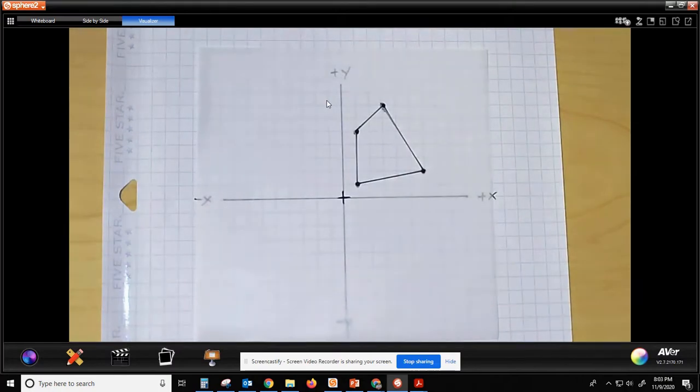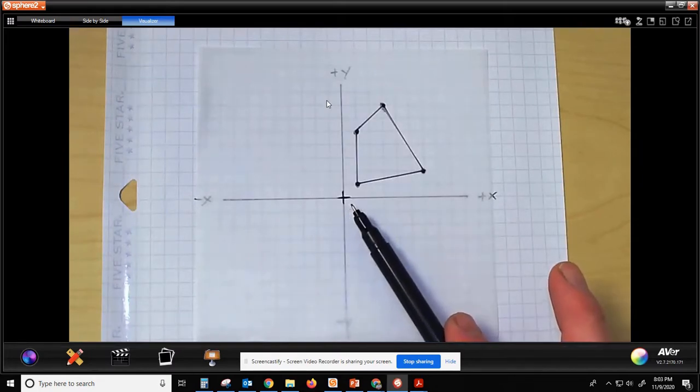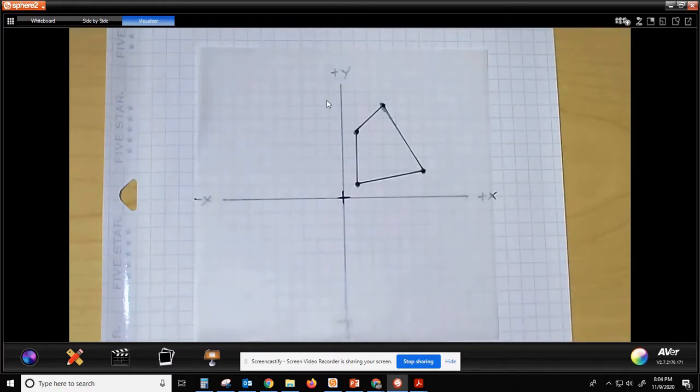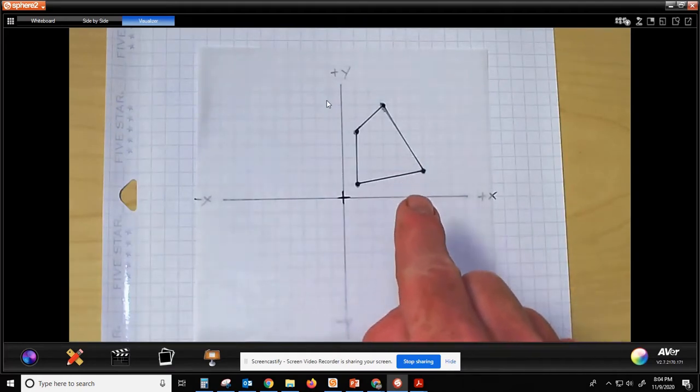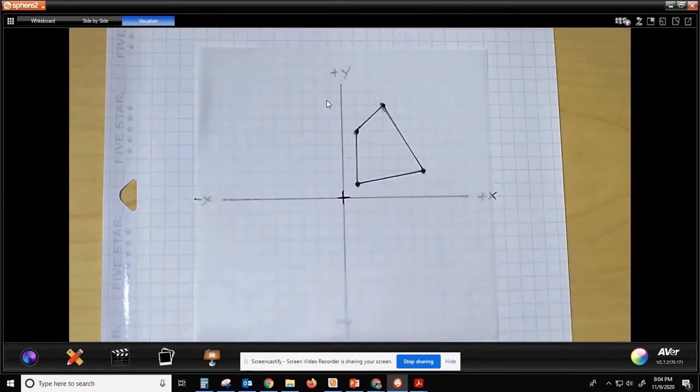I'm going to use some definitions, and you'll get a chance to write this in a minute. I'm going to call this a rotation a little more formally now. Our figure is turned about a fixed point. So in this case, my fixed point is the origin of the graph, 0, 0. That is the fixed point for this rotation. And this is a rigid transformation because the size of this shape never changes, only its position on a coordinate plane.